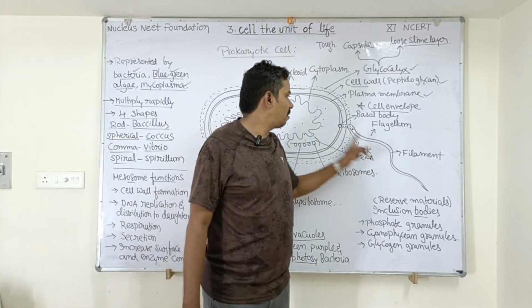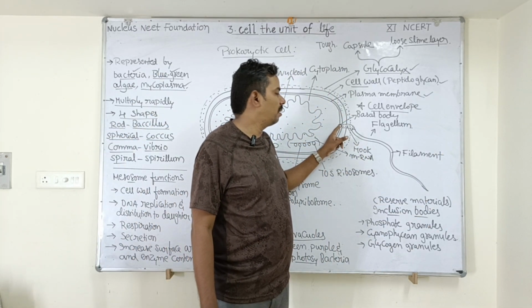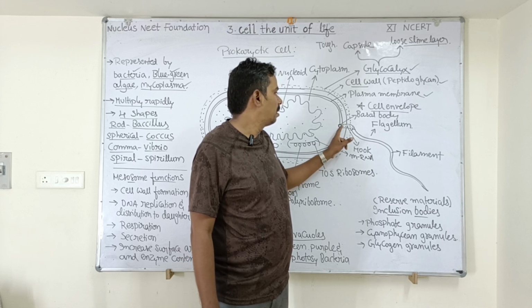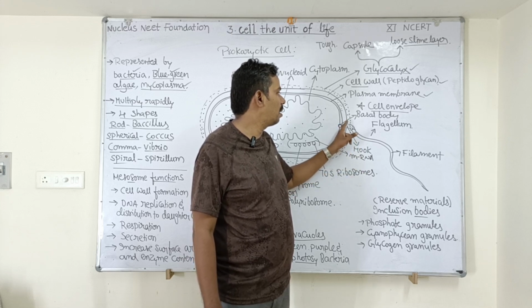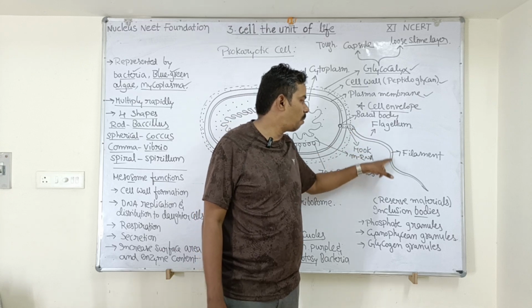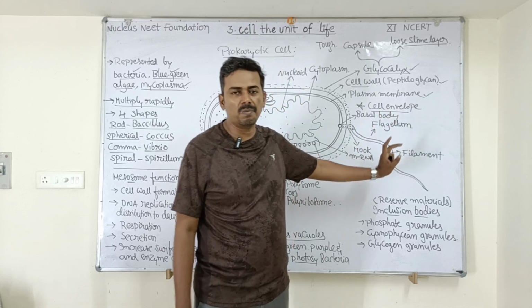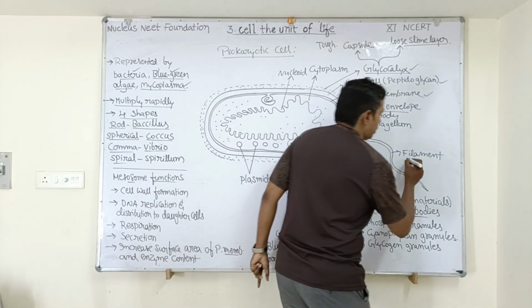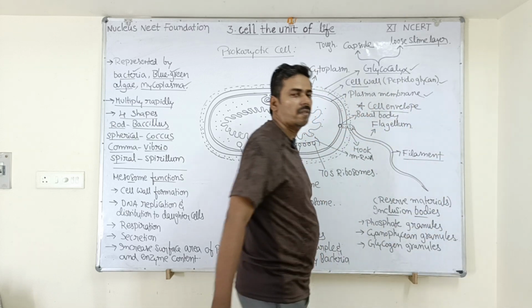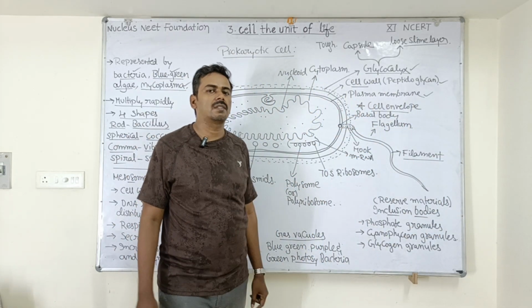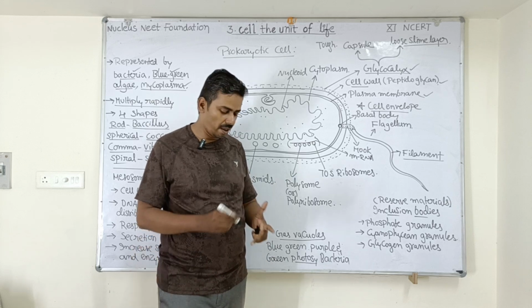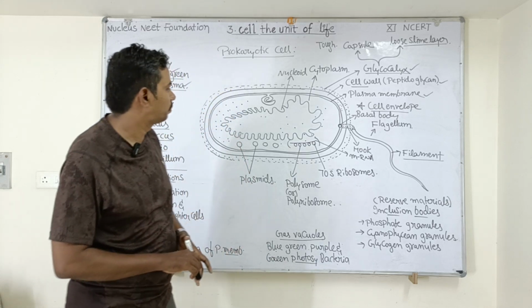The flagellum has a basal body which is embedded in the plasma membrane, a hook which is embedded in the cell wall and glycocalyx, and the longest part is the filament. Which is the longest part in the flagellum? It is the filament. So this is about the flagellum, the locomotory structure in bacteria, the prokaryotic cell.